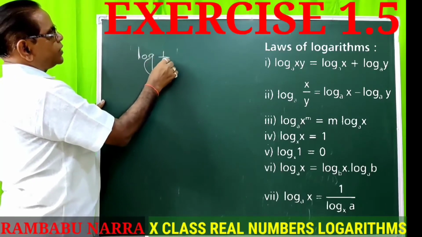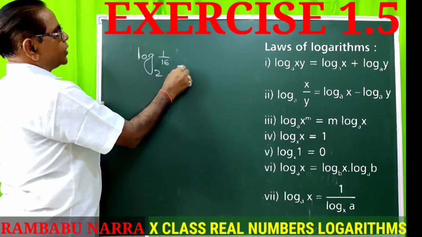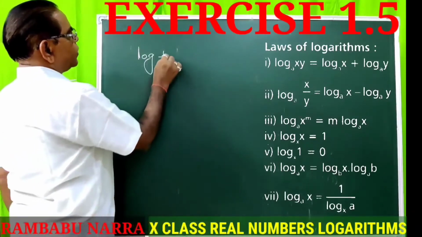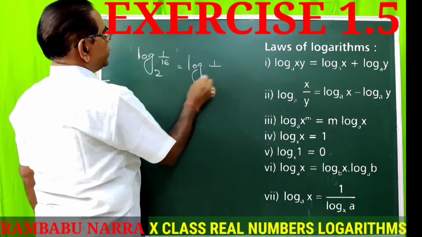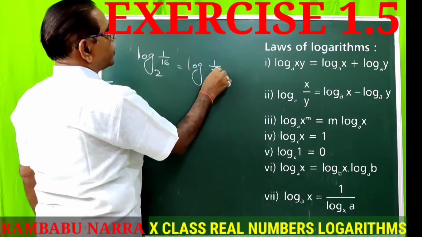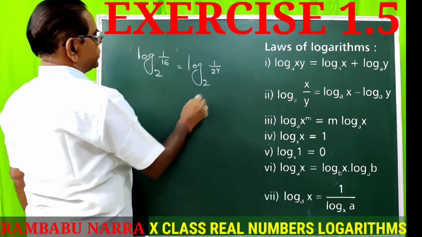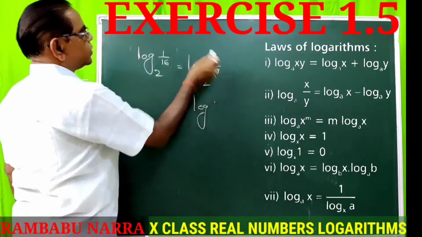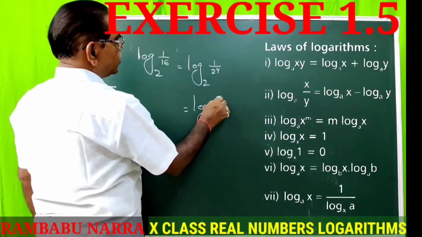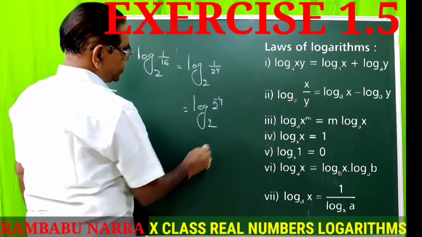Log 1 by 16 base 2. We can write log 1 by 16 as log of 1 by 2 to the power of 4 base 2, which is nothing but 2 to the power of minus 4 base 2.